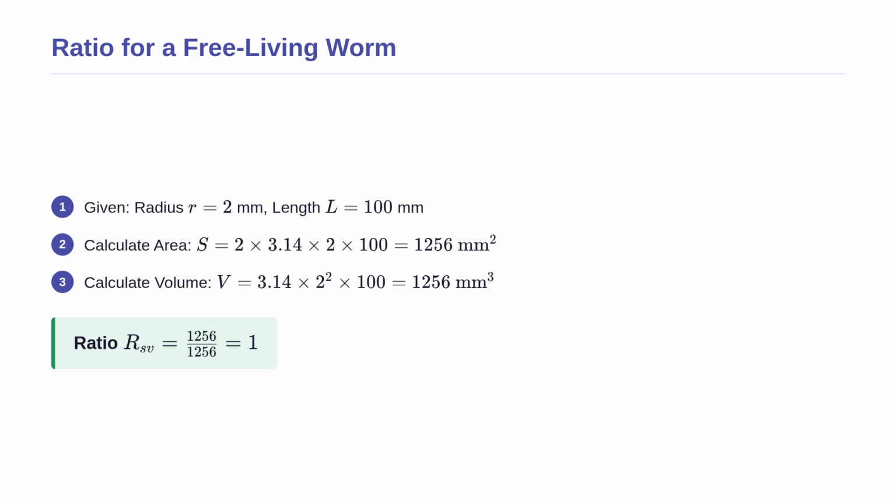Next, we calculate the volume by multiplying pi times the radius squared times the length, which also gives us 1,256 cubic millimeters. Finally, we divide the surface area by the volume. 1,256 divided by itself gives us a final ratio of exactly 1. This means for every unit of volume, there is 1 unit of surface area to feed it.